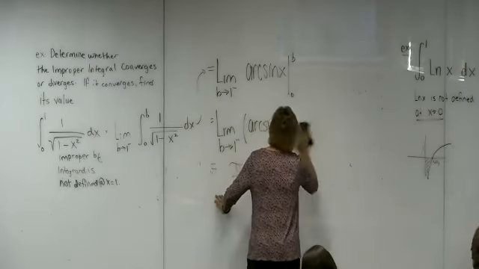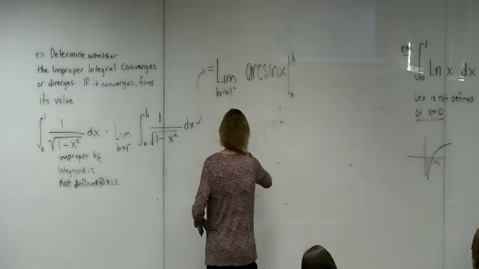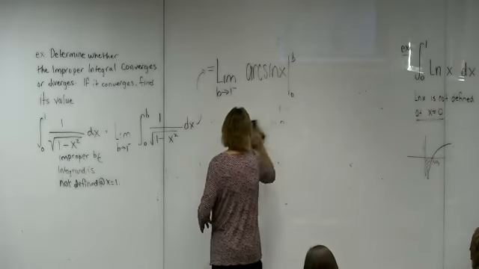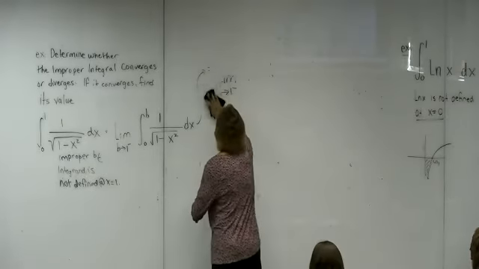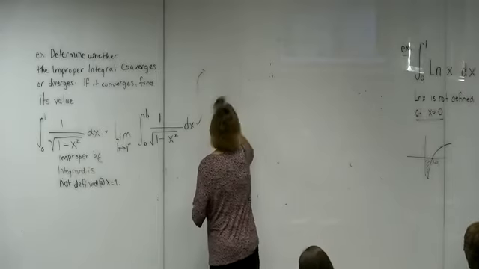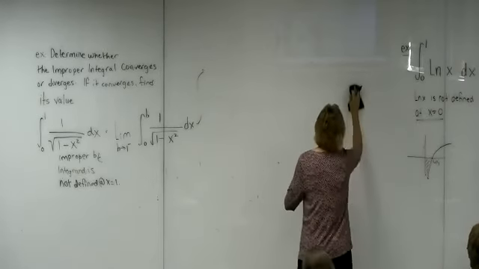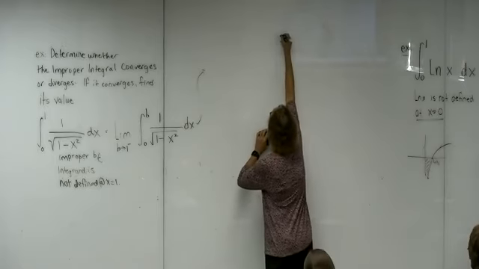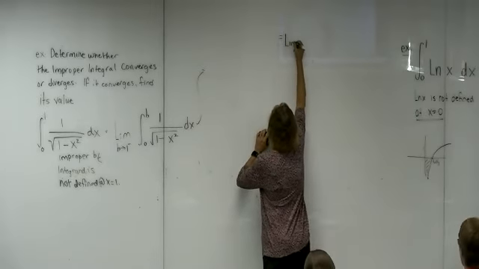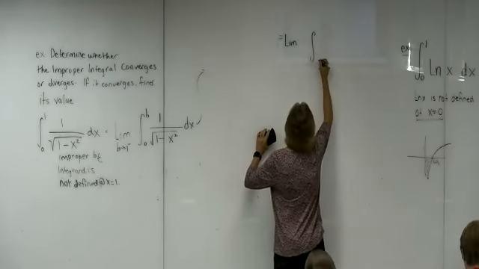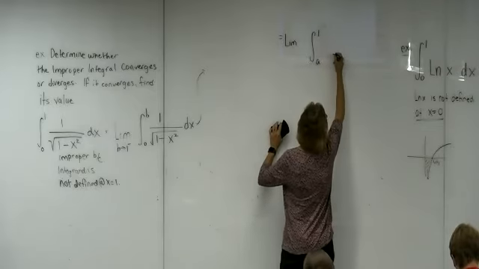We should expect a negative area, a negative value for this interval, yes. We're going to rewrite that. Whatever letter you want. Again, I like to use a's as the lower limit and b's as the upper limit.